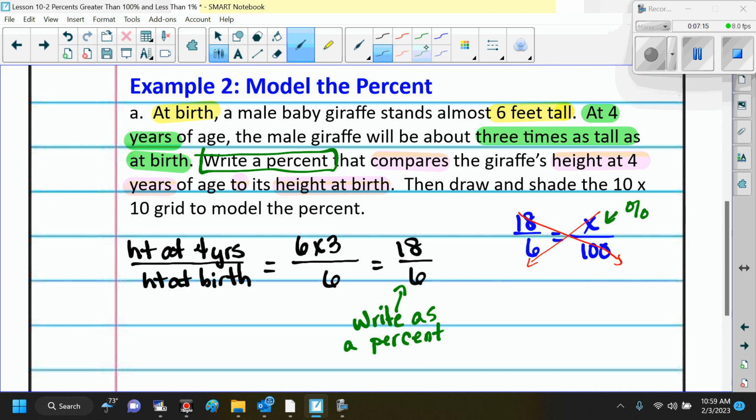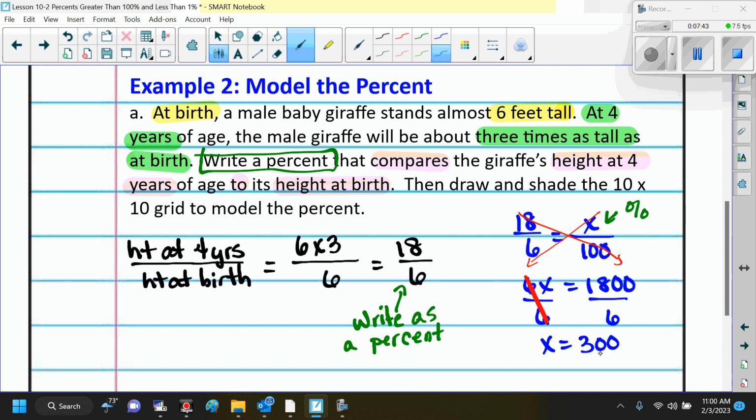So 6 times x is 6x. And then 18 times 100 is 1800. To get the x by itself, we will divide by 6. So those 6's will cancel, and x is equal to 300.